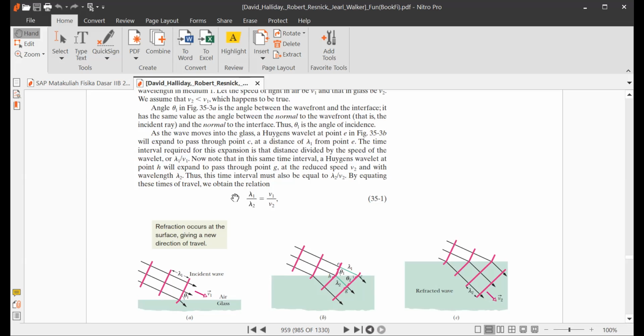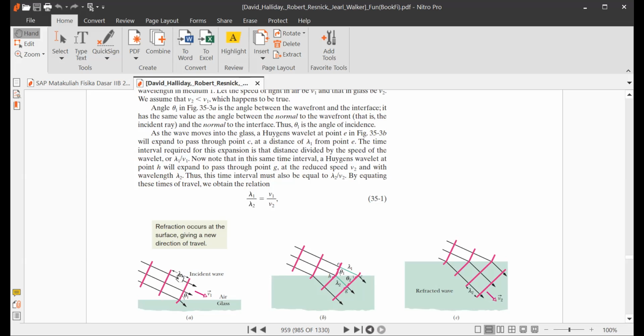So lambda 1 over lambda 2 equals V1 over V2, okay? This lambda 1 is the wavelength in the air, for example, the medium where the light is incident, as the incident wave.